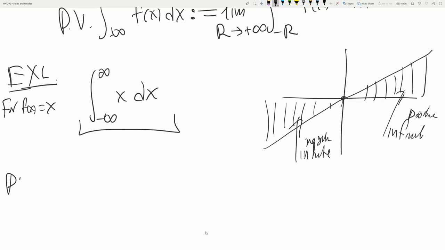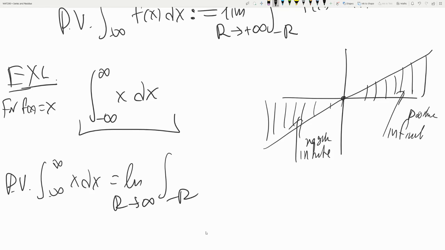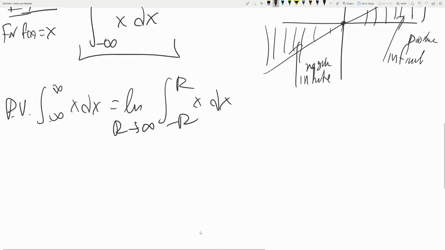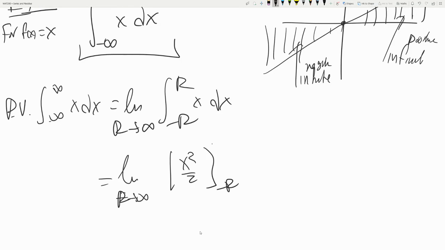So the principal value of this integral is what? Minus R to R, so this is x squared over 2 from minus R to R, right?